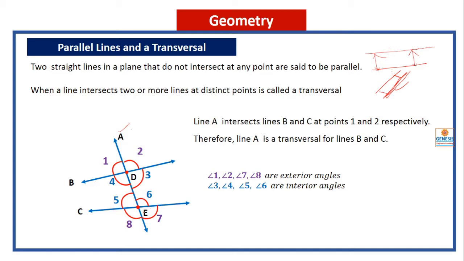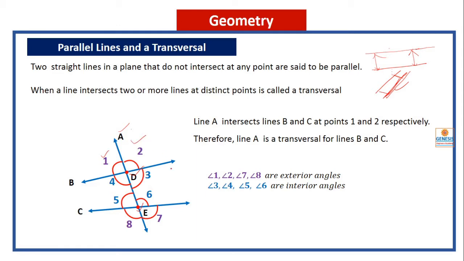By crossing these two lines, it intersects at points D and E, forming so many angles. Here we have to distinguish what is called an exterior angle and an interior angle. The angles outside these lines we call exterior, and the angles in between these two lines we call interior.